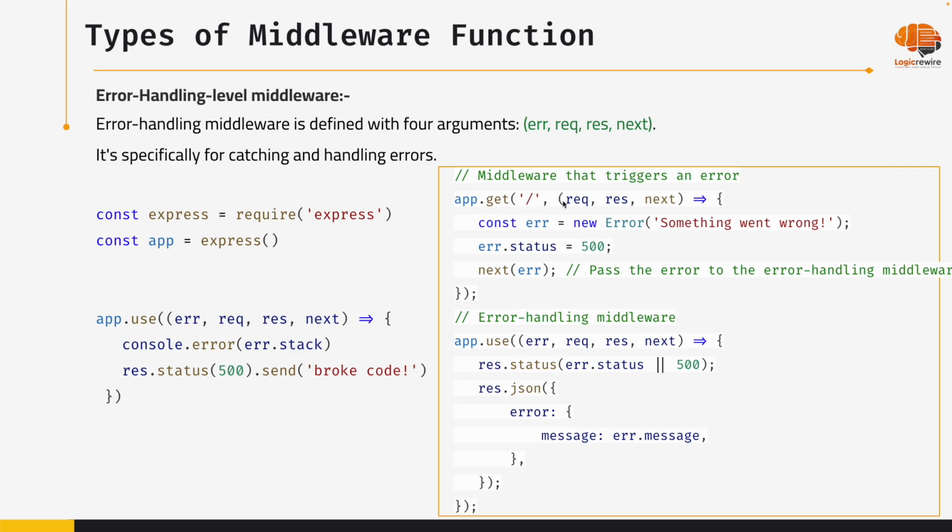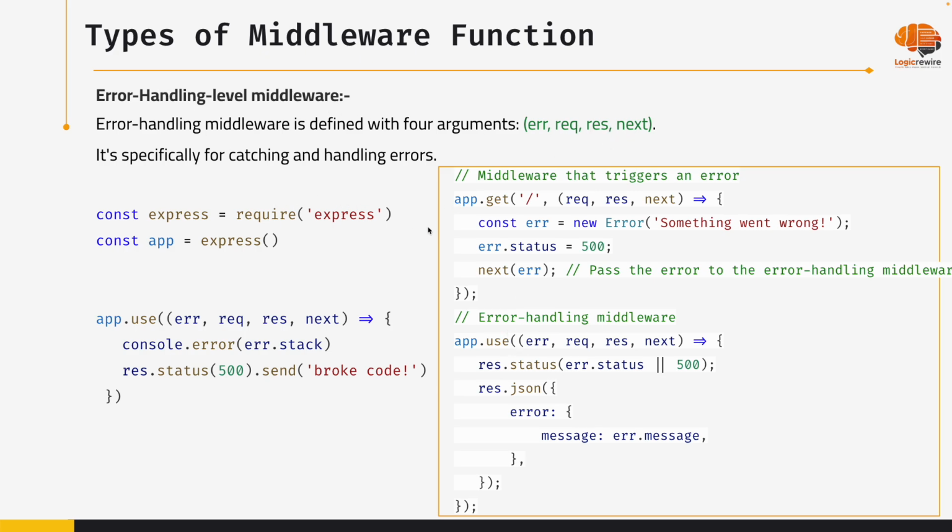Instead of that, by default, the error will be caught here. In error handling middleware, instead of request, response, next, the first parameter will be error. So any error that comes, it will catch that error first. Got it? So that is error handling middleware. It will handle the error.